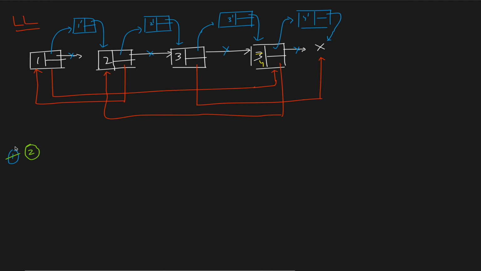We start with a variable iter, a pointer which is pointing to the head of the linked list, so that's pointing to 1. The iter's random pointer is pointing to node 4.